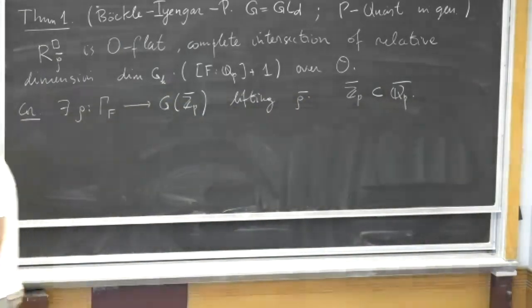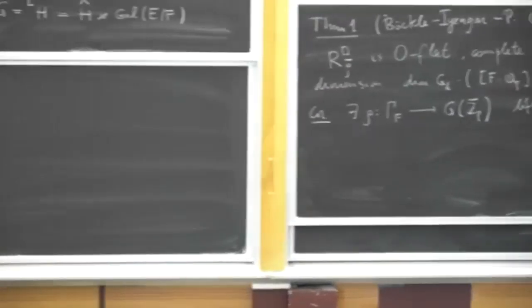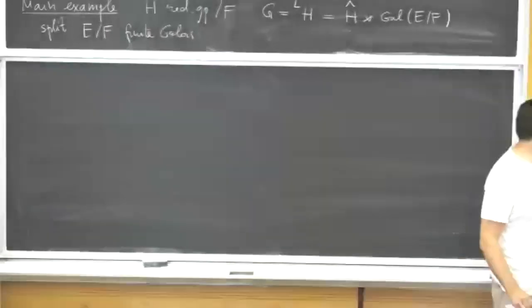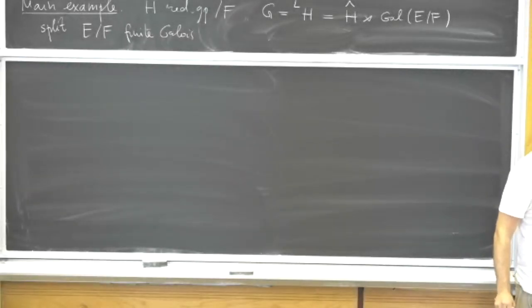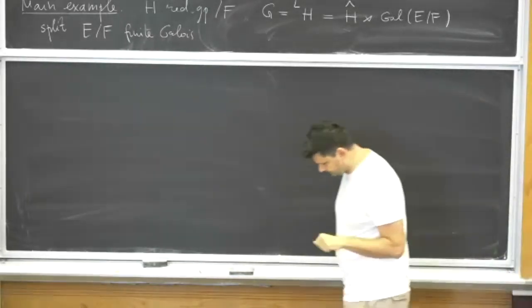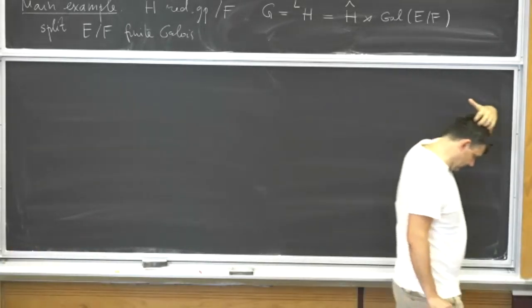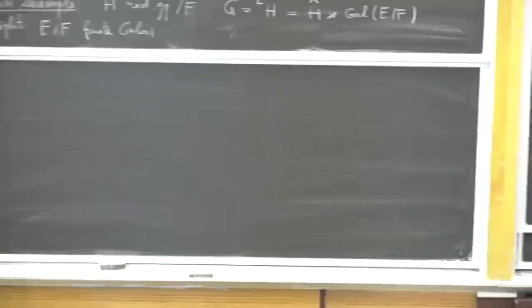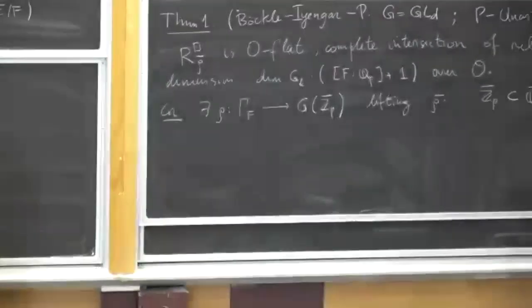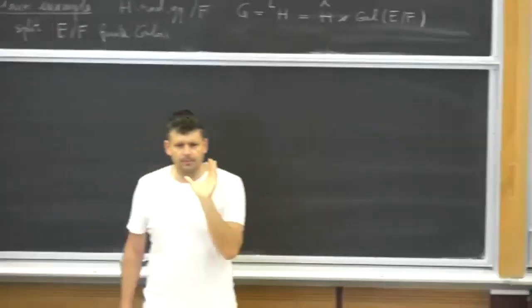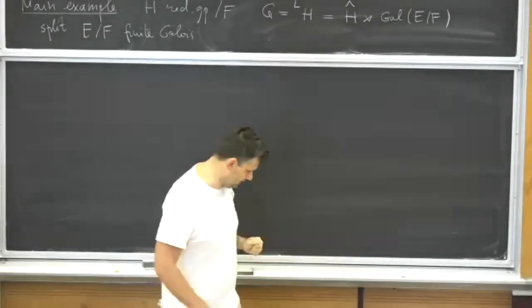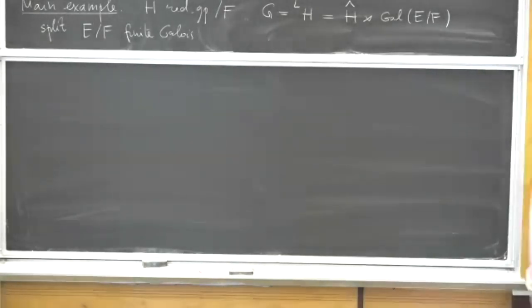Of course, this is not obvious. But for GLN, they can prove much better results, additionally, say for GLN imposing Hodge type conditions.